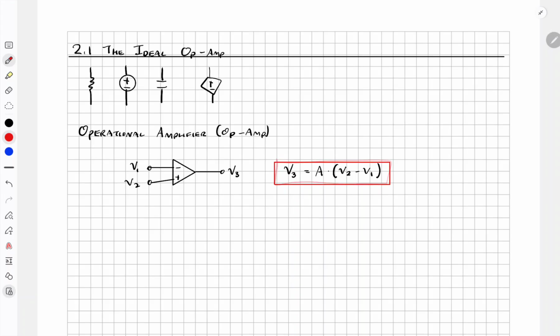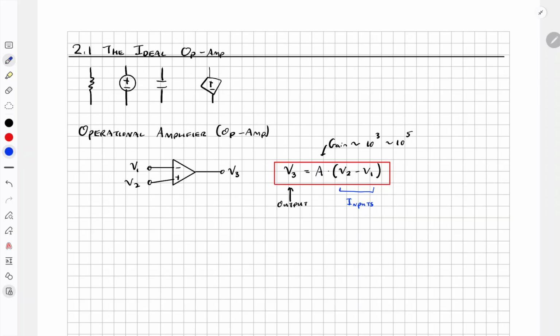In this case, V3 is called the output, and A is called the gain for now. It's a pretty big number, maybe 10 to the third, maybe 10 to the fifth, something like that. V2 and V1 are the inputs.